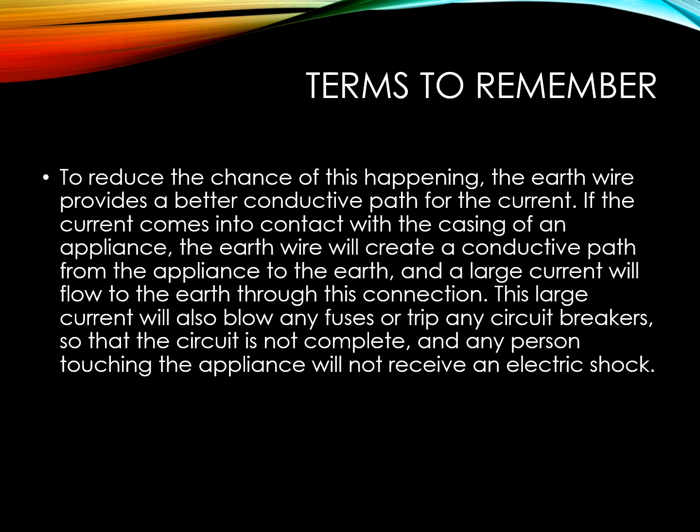If the current comes in contact with the casing of an appliance, the earth wire will create a conductive path from the appliance to the earth, and a large current will flow to the earth through this connection. This large current will also blow any fuses or trip any circuit breakers, so that the circuit is not complete, and any person touching the appliance will not receive an electric shock.